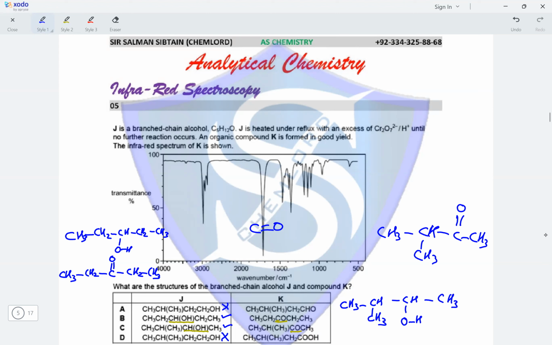So both appear to be correct. This is a secondary alcohol for J and a ketone for K. So both options seem to be correct here.